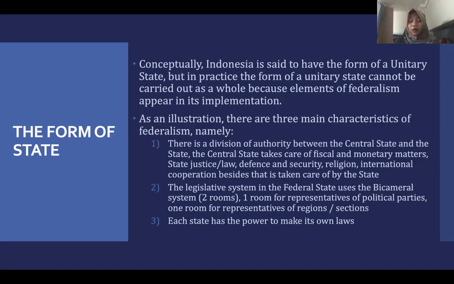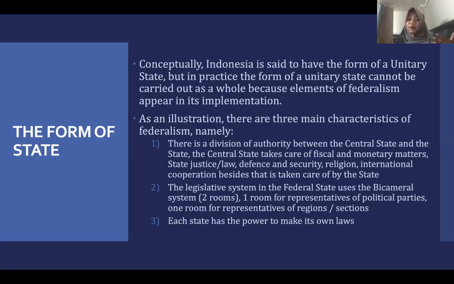State justice or law, defense and security, religion, and international cooperation, besides that is taken care of by the state. Or if we call it in Indonesia, we know about the region. In Indonesia, we have the central government and also the local government. So the central state and state, if we illustrate in Indonesia, means the local government or region and the central government as the state. So you know that several authorities are given to the region, right?